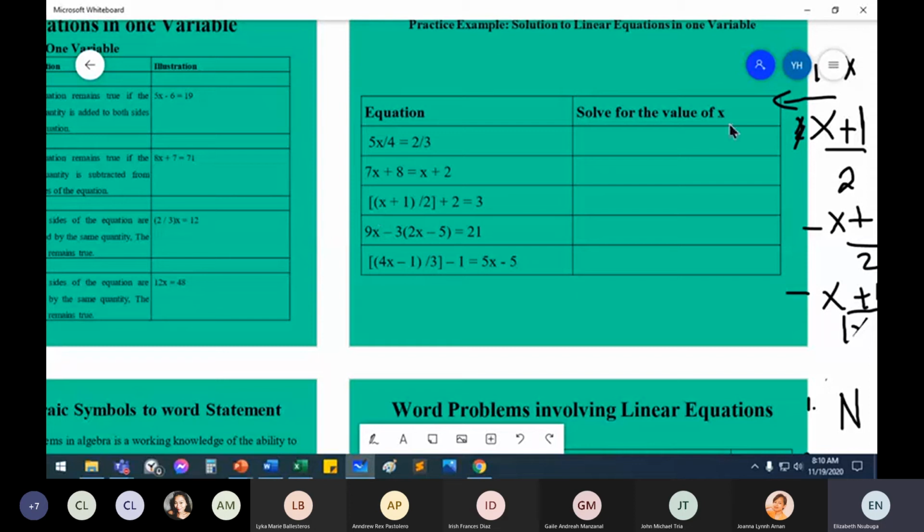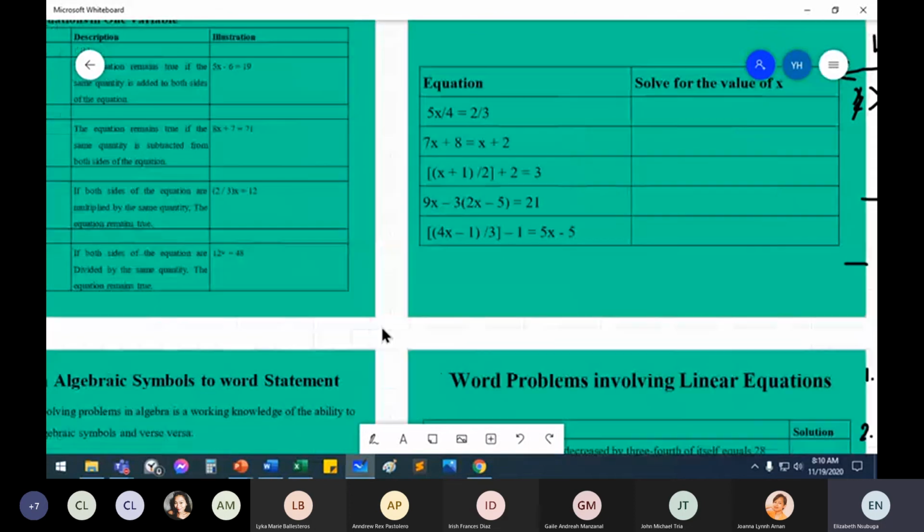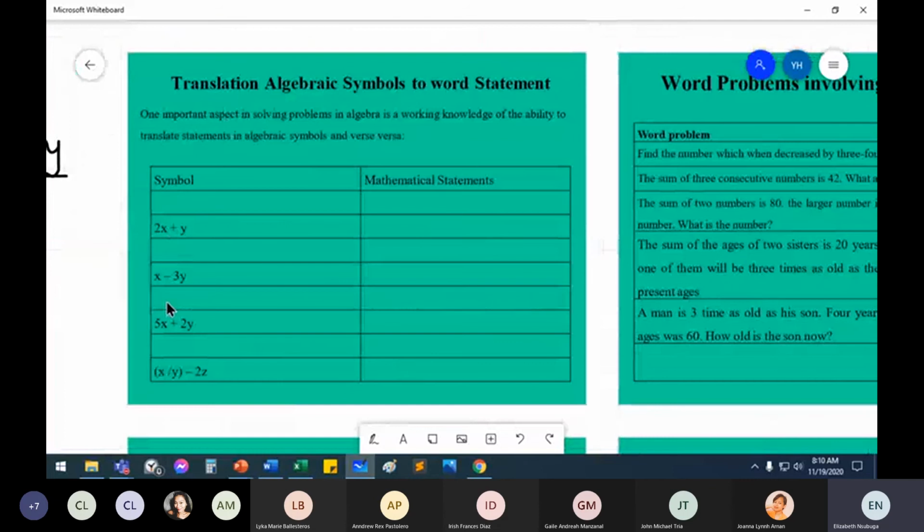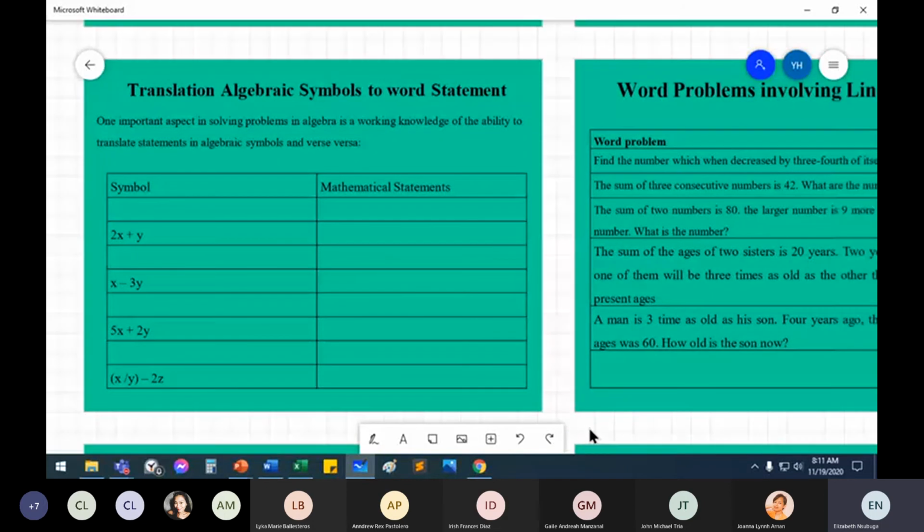Then when we went here, this one, no assessment. I just want you to practice to be able to say, x decreased by 3 times y, the difference between x and 3y, or the difference between x and thrice y. There are many ways of writing it so that you'll be able to understand it.